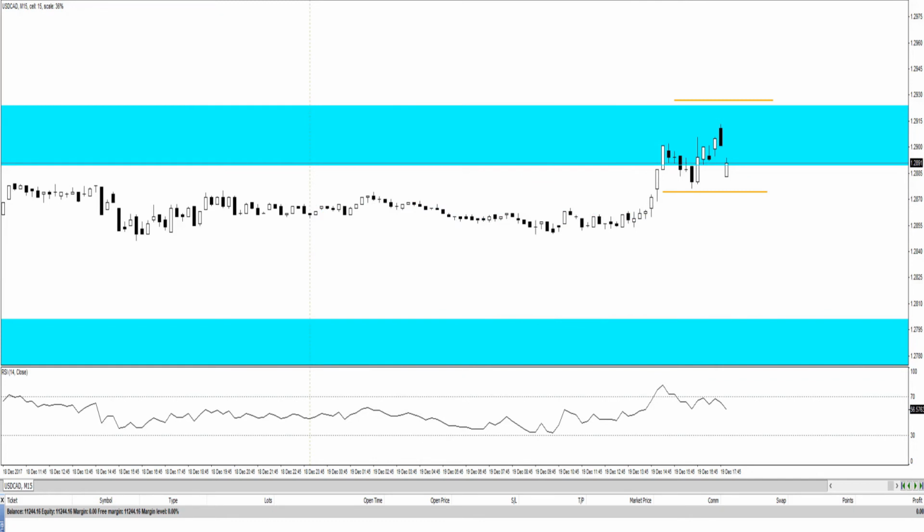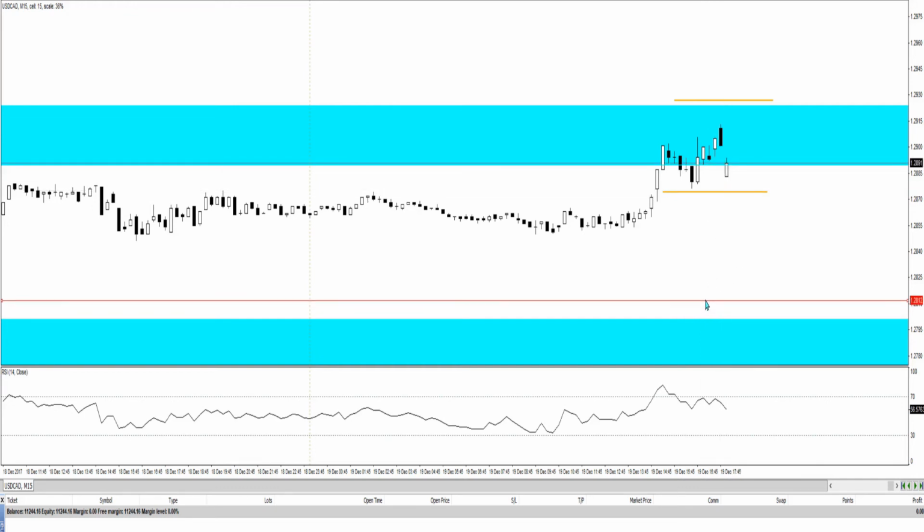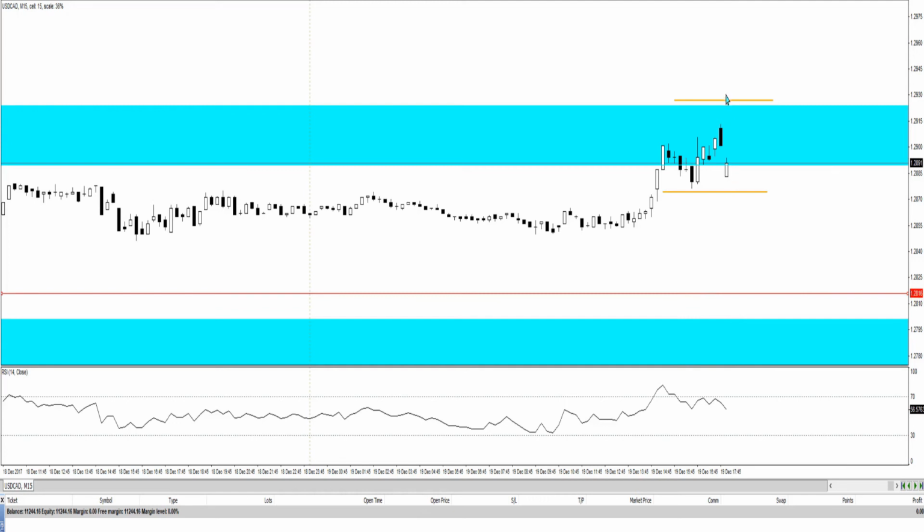So let's measure 62. We'll draw a line here, and 62 pips from there to here, it's around about here. So our risk is 50 pips, and we want to make 62 pips at least.